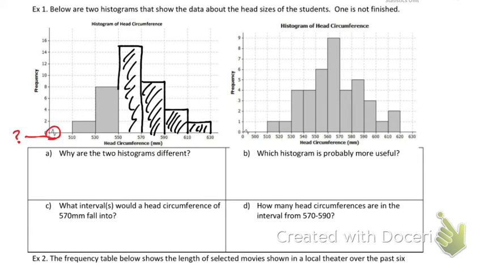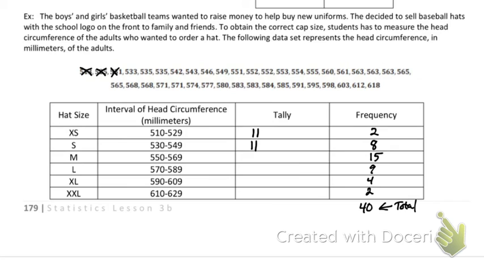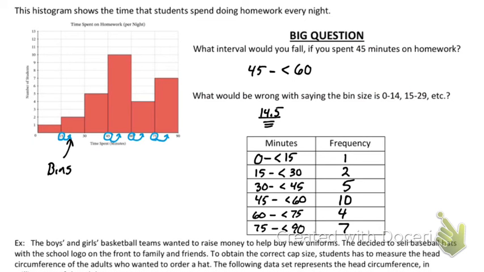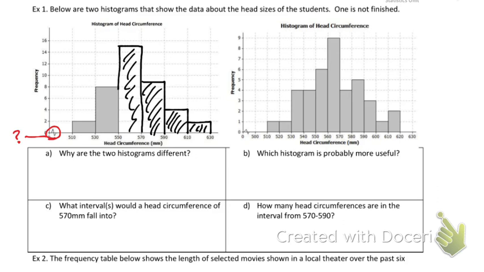Yeah. So I agree that this one's more specific, and a lot of times more specific is better. So maybe 75% of the time more specific, that's the better graph. So most of the time I would choose this one. But if you look at what the data is representing, I need to know who's getting an extra small, a medium, a large, and an extra large. That's what this one's showing.